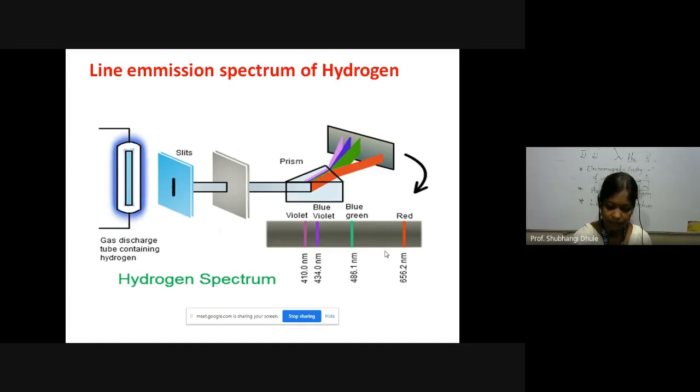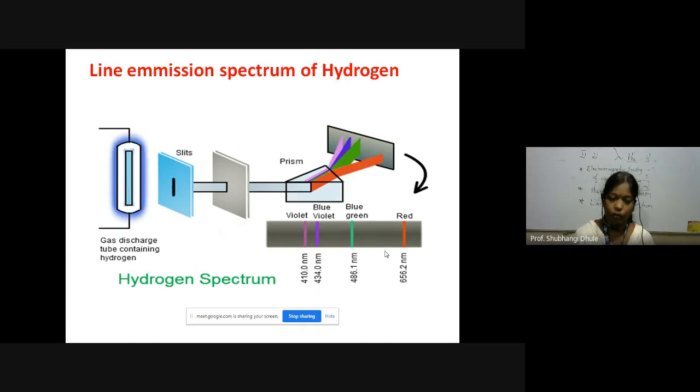Now other scientists were also experimenting with hydrogen, and they got the spectrum in different regions, like the UV region, and some observed it in the infrared region. If that much radiation is exposed to the hydrogen gas, then we get the spectrum in that region.